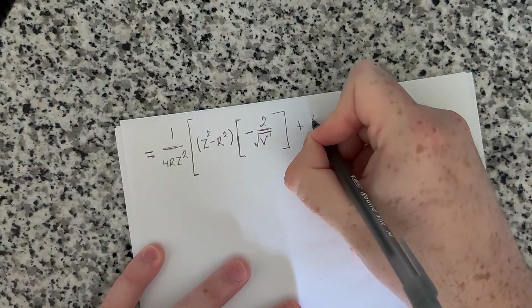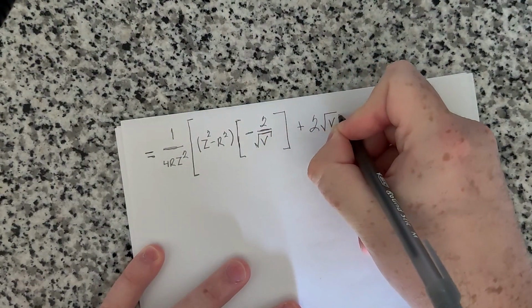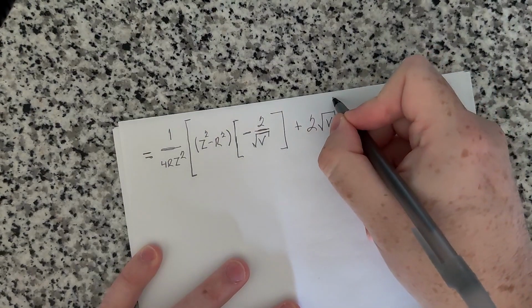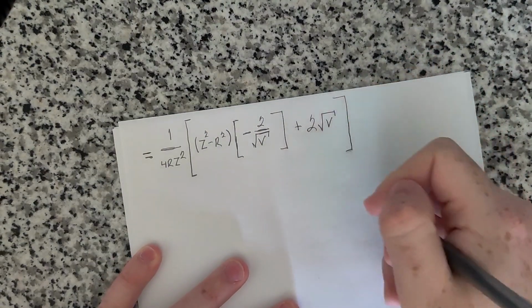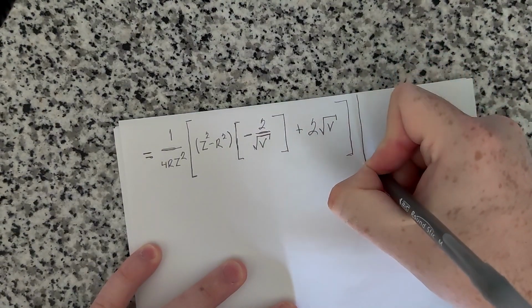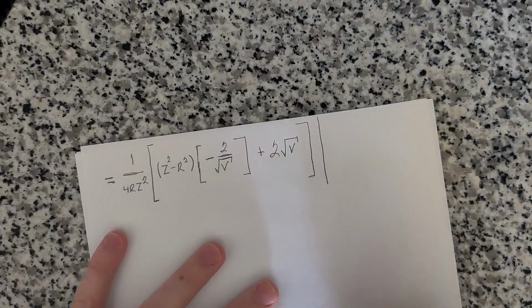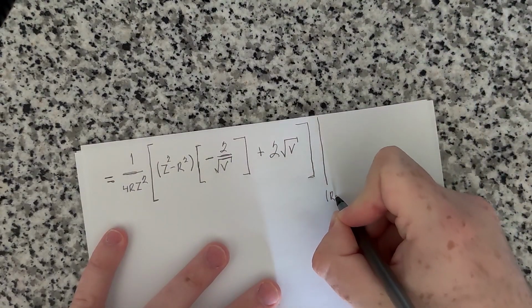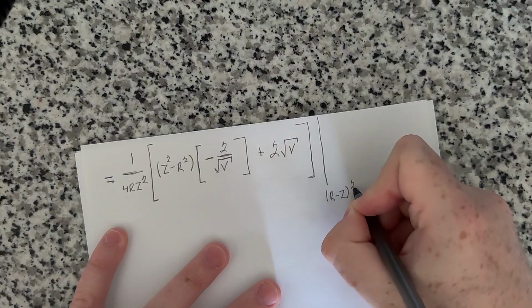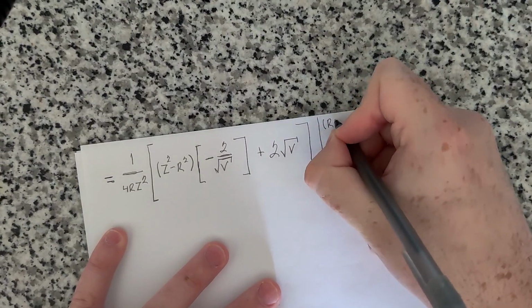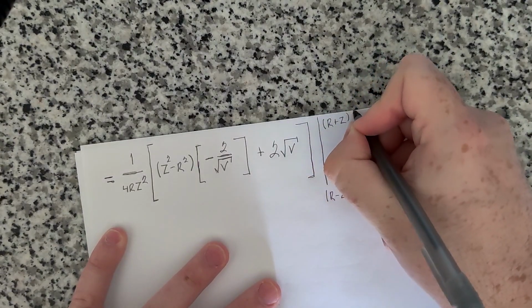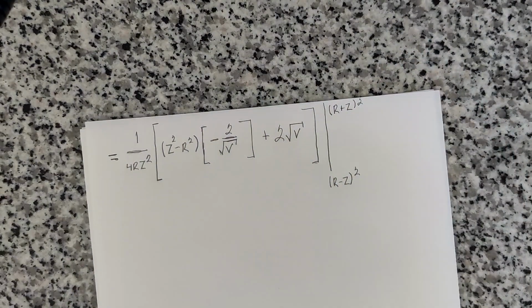Okay, and then we evaluate everything in here from r minus z squared to r plus z squared.